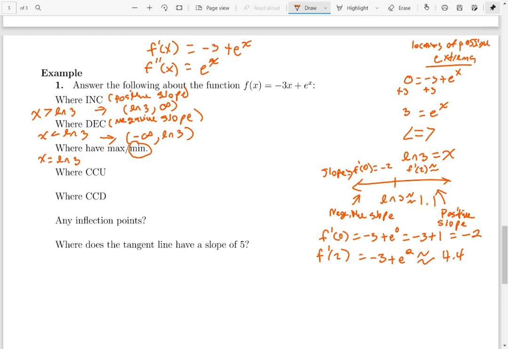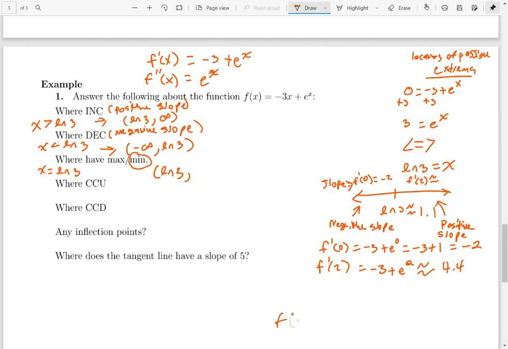Well then, if you really wanted to know what the ordered pair was, or what the minimum was, that's going to be the ordered pair with x equal to natural log of 3. Plug that back into my function, f of natural log of 3. That's going to be equal to negative 3 natural log of 3 plus e to the natural log of 3.